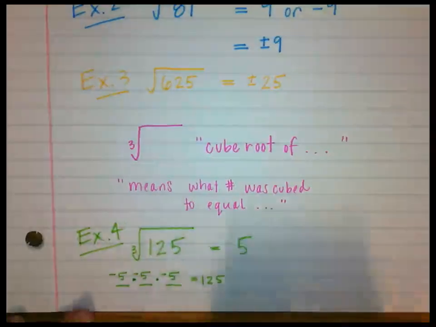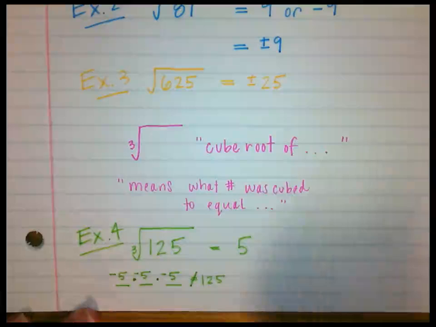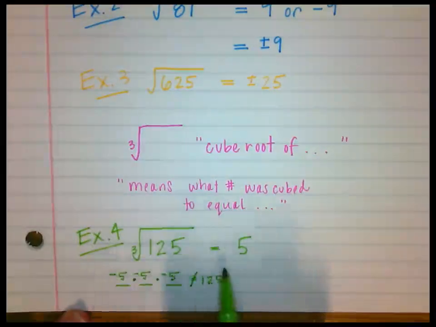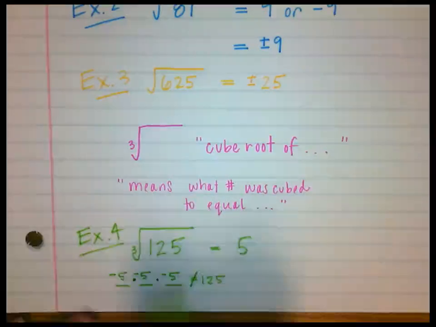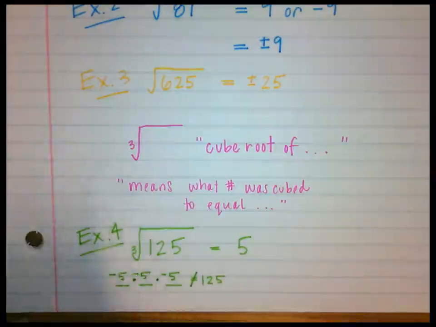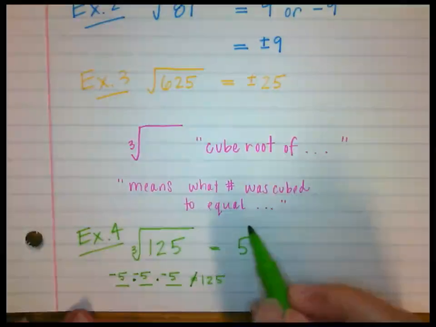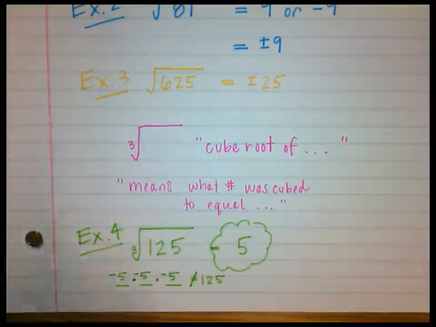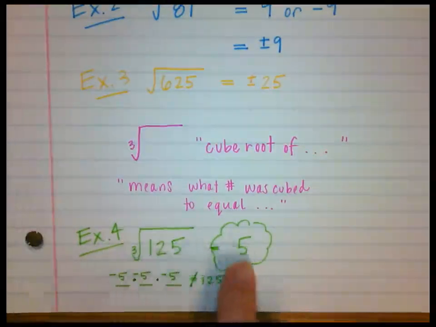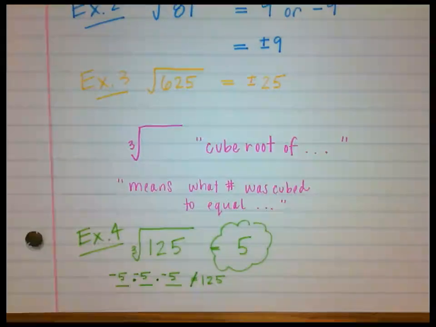Well, hopefully the answer to that is no. So when we take the cube root of a number, we are only going to have the positive version of that answer. So in order to get 125, by cubing a number, we would have to cube 5.